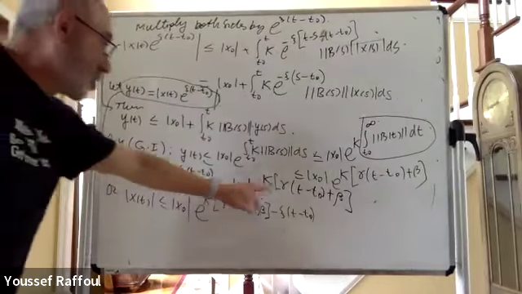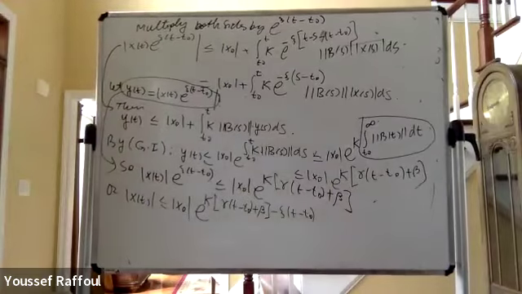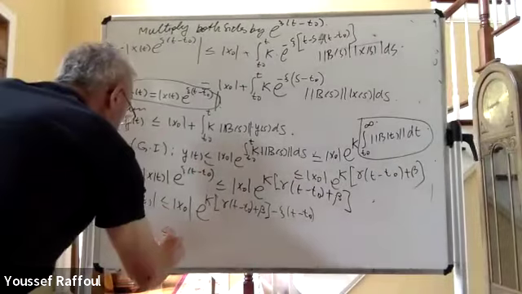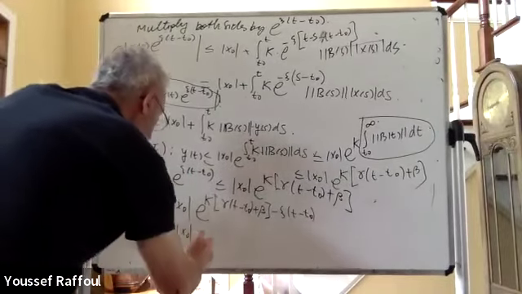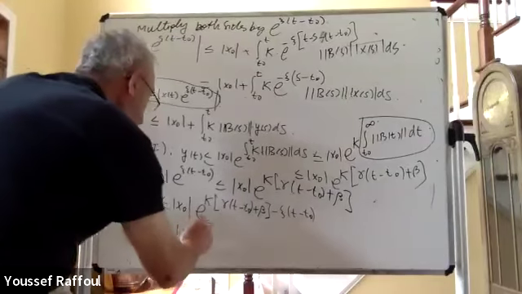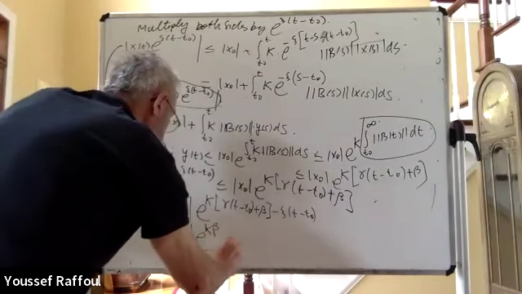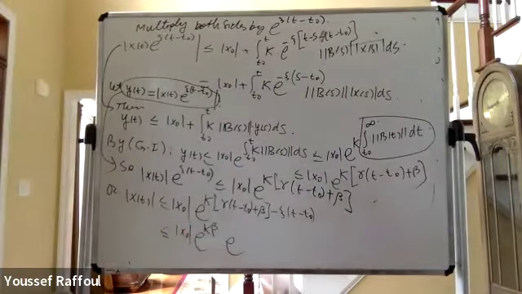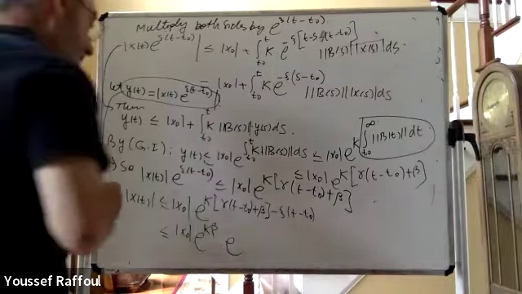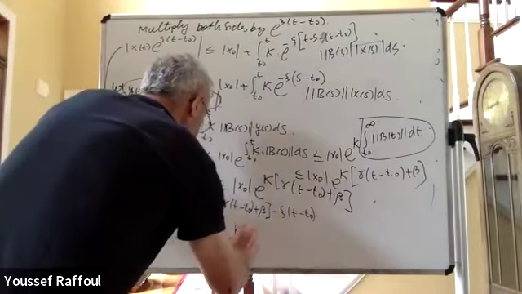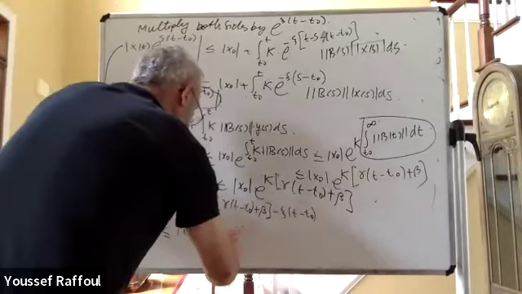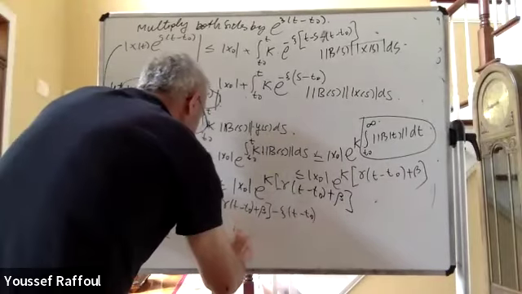I multiply by the inverse of that. Okay? And this is less than or equal to e to the K beta times e to the (t minus t naught).